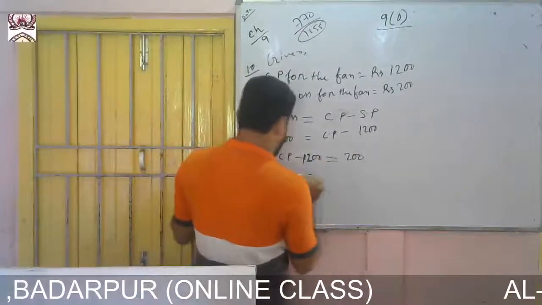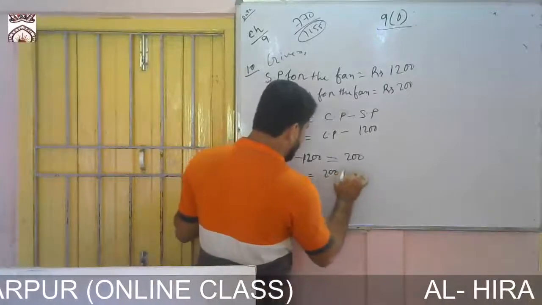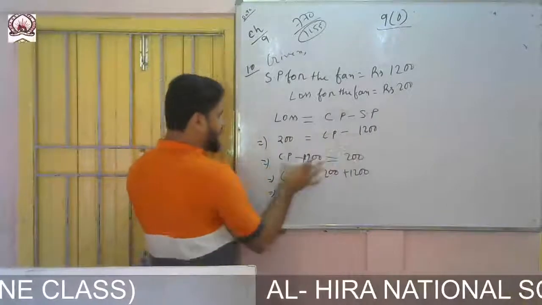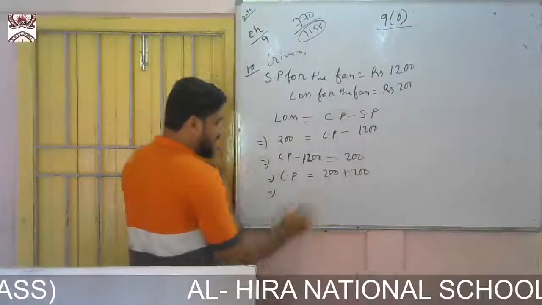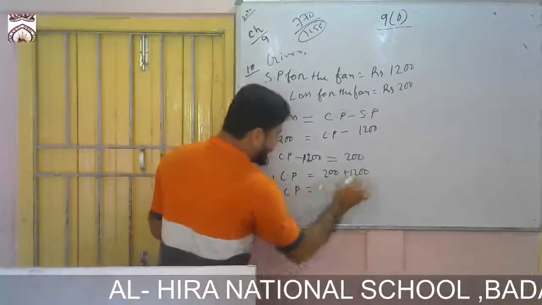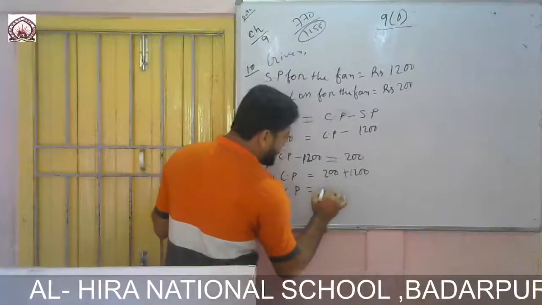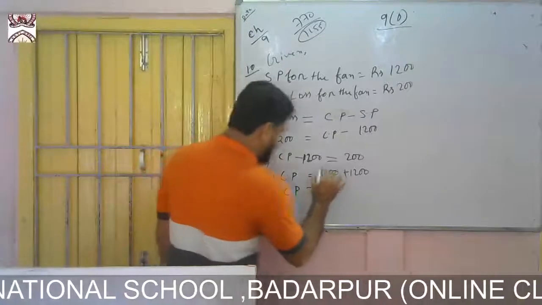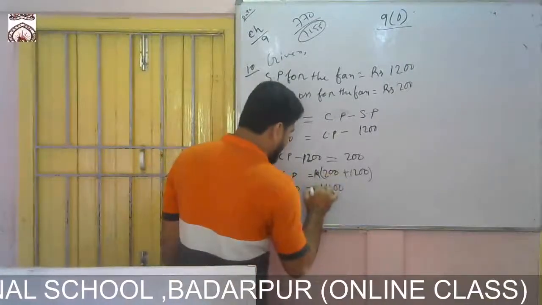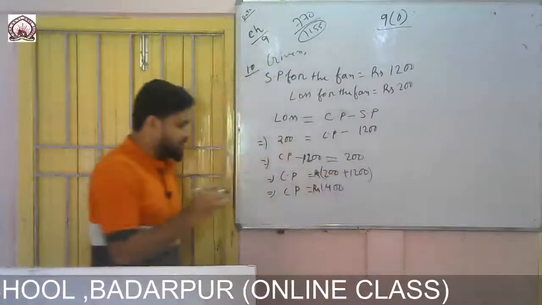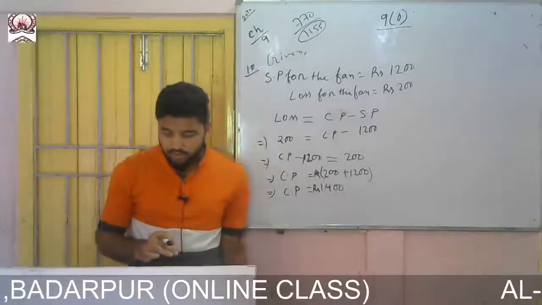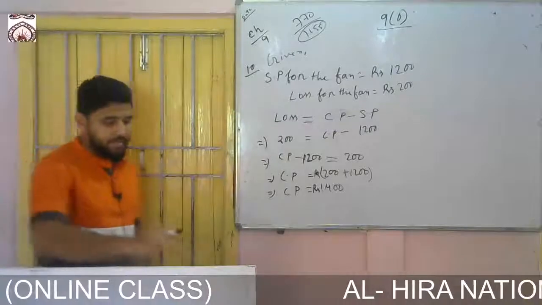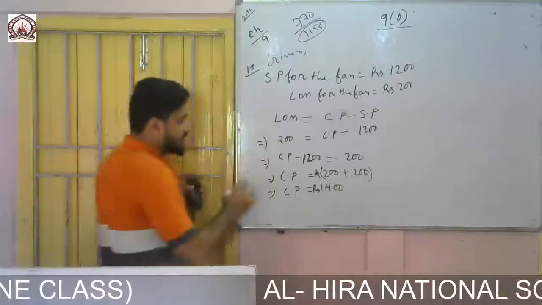This one I took here, then this one I took here. So CP will be 200 plus 1200, which is rupees 1400.